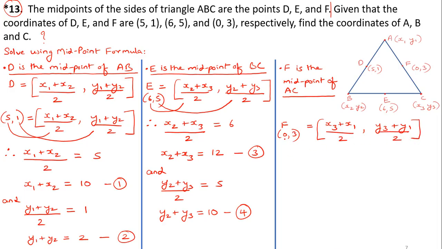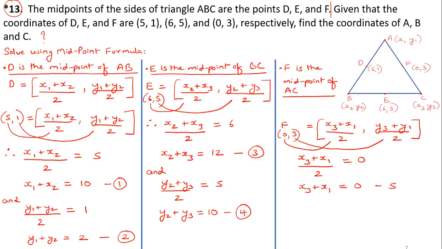So 0 belongs to this part and 3 belongs to this part. So x3 plus x1 upon 2 is equal to 0, and 2 will go there and it will become 0. So x3 plus x1 is equal to 0.